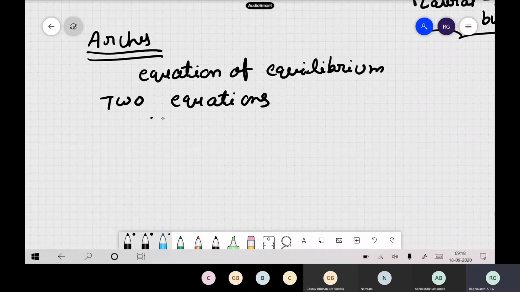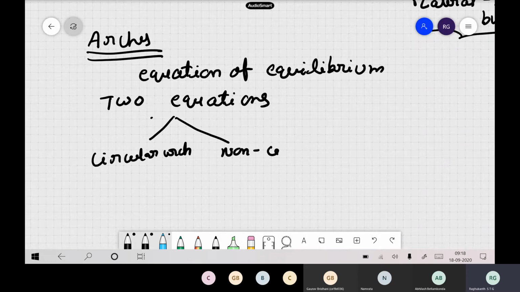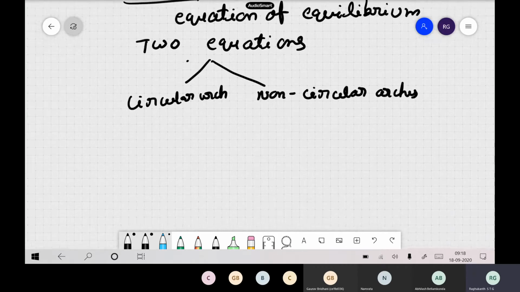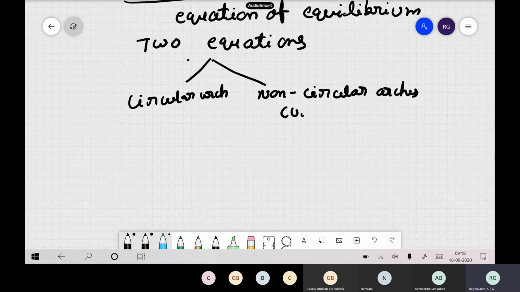So one is the circular arch, we say. Okay. The other one is non-circular, like a parabolic arch, some other types of arches which are not exactly circular. So something different, or sometimes we also call these curvilinear arches. Okay, so curvilinear shapes we have.